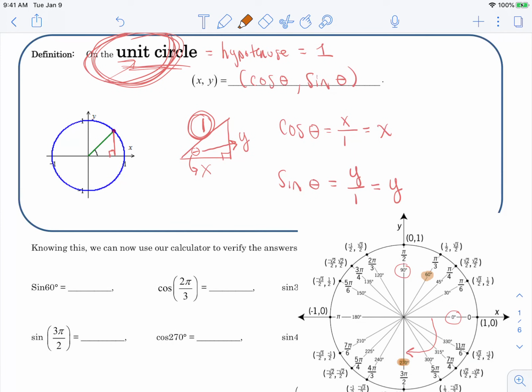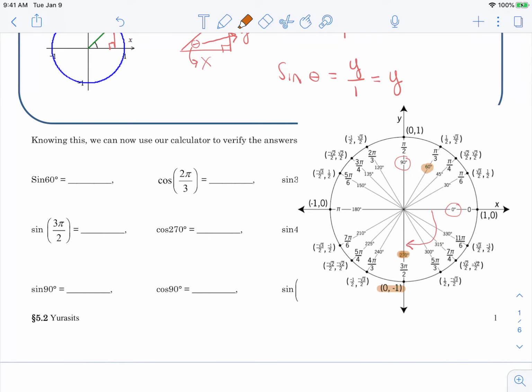And my y values are sines. There's something that happens with students, and I think it's because of how we teach SOHCAHTOA and sine comes first, so students always think the x value is sine. Realize the x value is always cosine and the y value is always sine. So sine of 60 degrees, I know then, will be root 3 over 2. It's pretty great. Now you don't have to figure things out. It won't take you as long. And you can use your calculator to see if that's accurate, and it is.